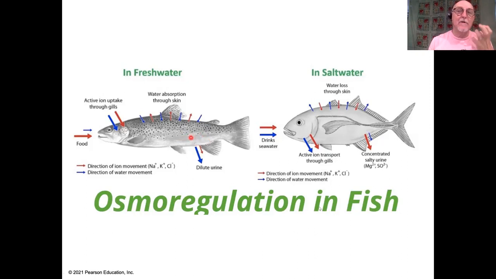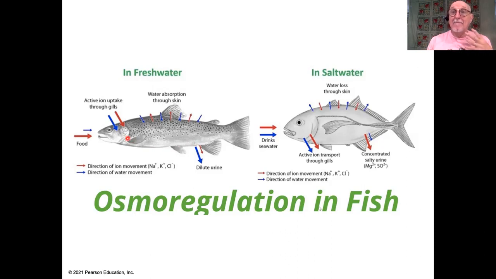But all of this is very, very metabolically expensive. The fish have water flooding into them through their entire exterior, through all of those mucous membranes that cover them. They also have water flooding in through the gills the whole time.